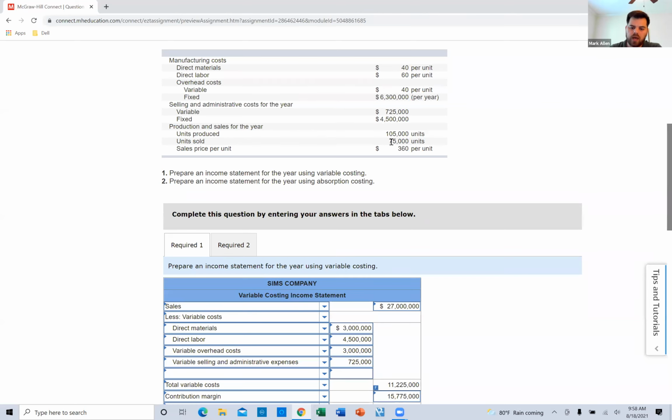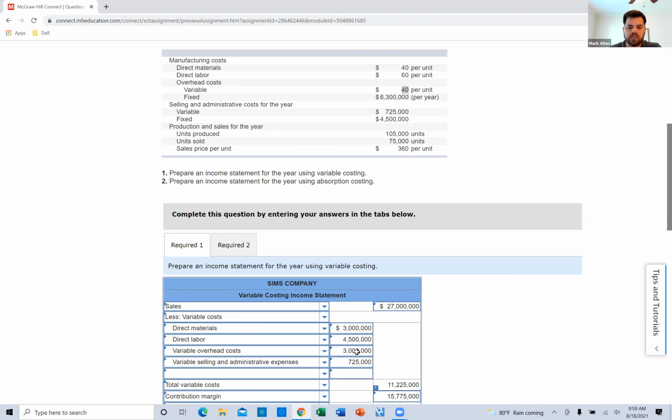So simply multiplying these two numbers together will give you 3 million. We'll come down, we'll do the same thing for labor. So 75,000 units times $60 per unit, and that's 4.5 million. And then we'll take our 75,000 units times our $40 per unit in variable overhead. And so that will simply come in right here.